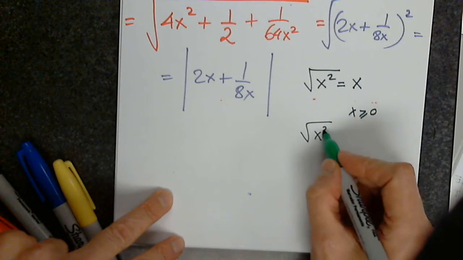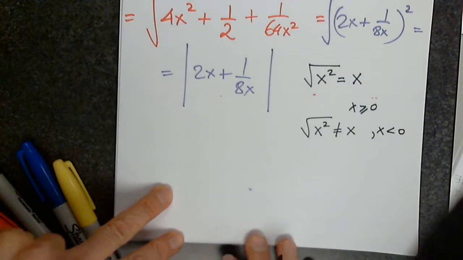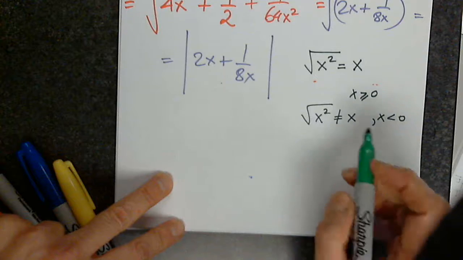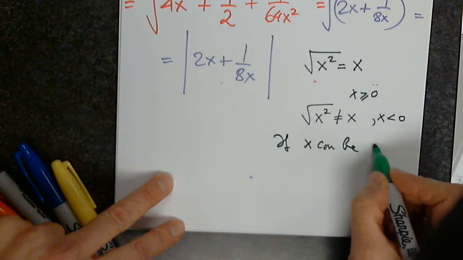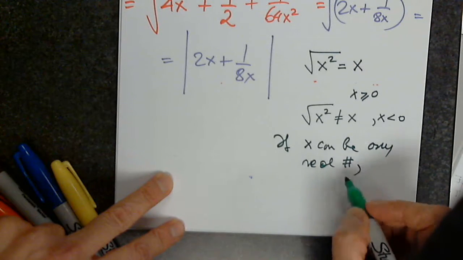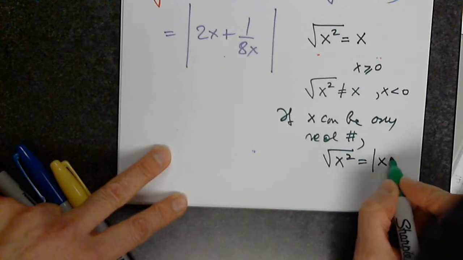But the square root of x squared is not x if x is less than 0, because the square root cannot be a negative number. So if x can be any real number, then the square root of x squared is the absolute value of x.